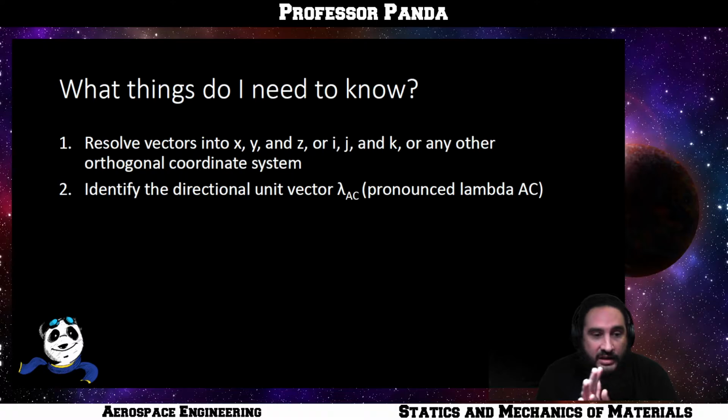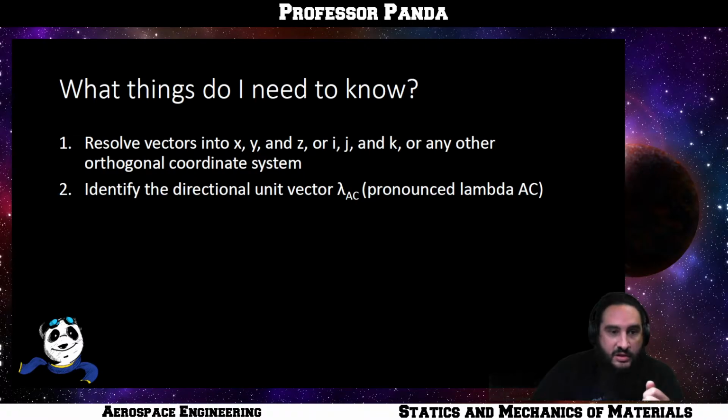The second skill I need to teach you is how to identify the directional unit vector lambda. I put subscript AC. Generally, there are two letters, one for where it begins and the other for where it's pointing. So in this situation, it starts at point A and goes to C, so we call it lambda AC, and again, that is the directional unit vector.